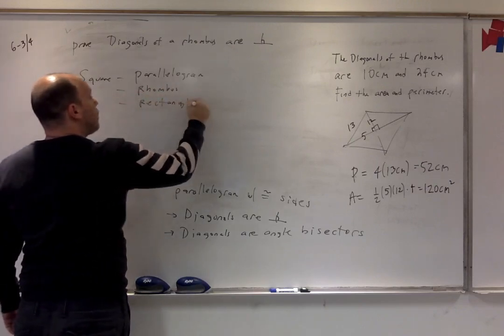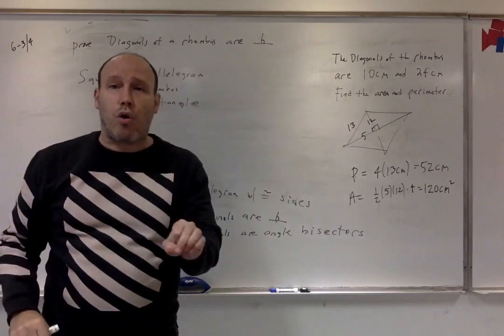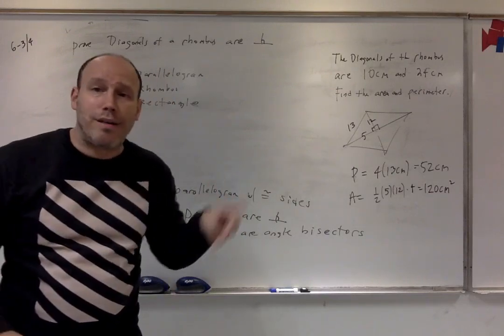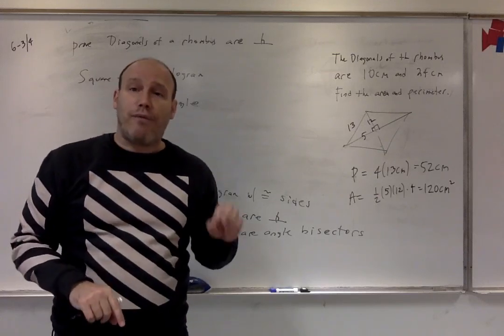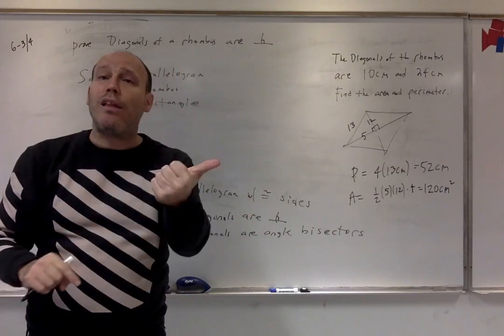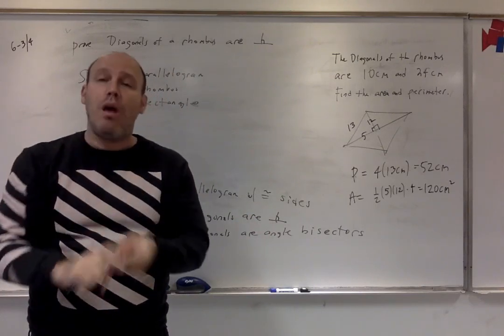So once again, the definition of a square is not all the sides are congruent. No, that's a rhombus. The definition of a square is not all the angles are congruent. That's a rectangle. The definition of a square is a parallelogram with all congruent sides and all congruent angles.